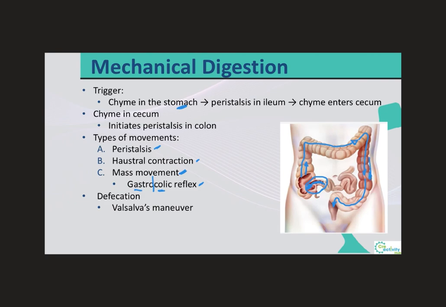Now, the rectal chamber is usually empty, except when one of those powerful mass movements forces fecal materials out of the sigmoid colon into the rectum. In other words, the several mass movements throughout the day mainly deposit fecal material in the sigmoid colon.